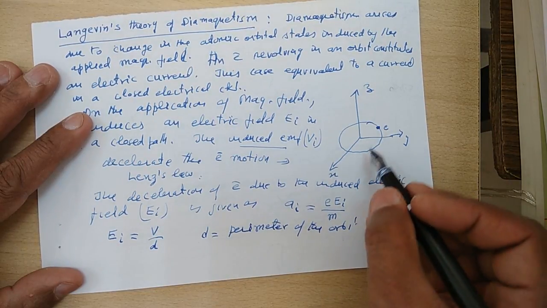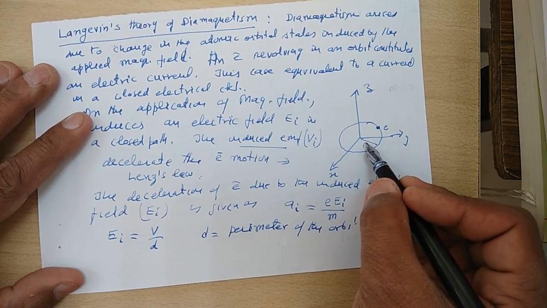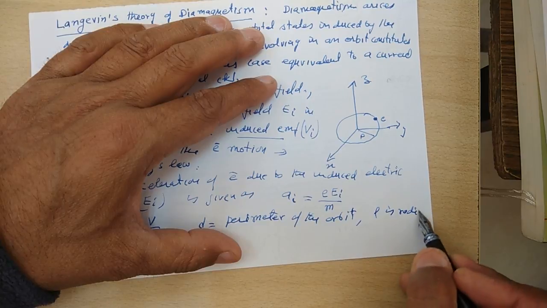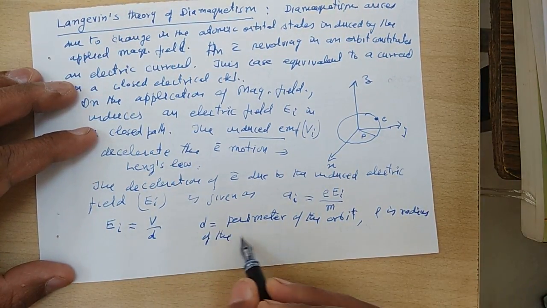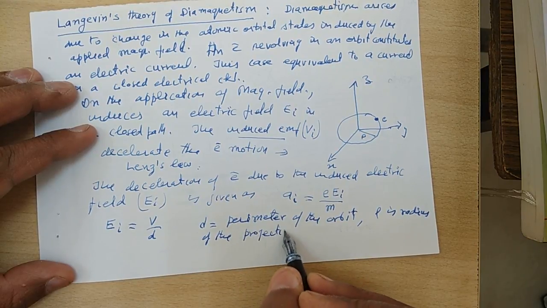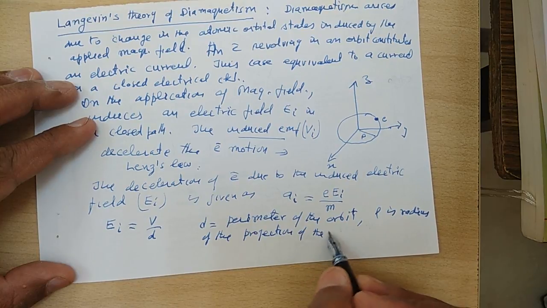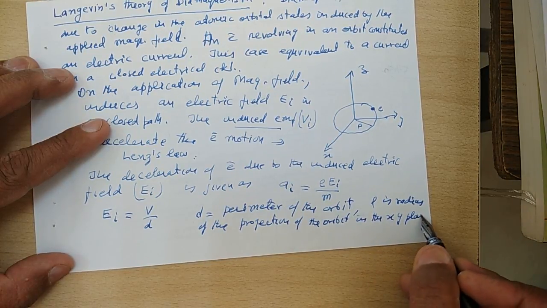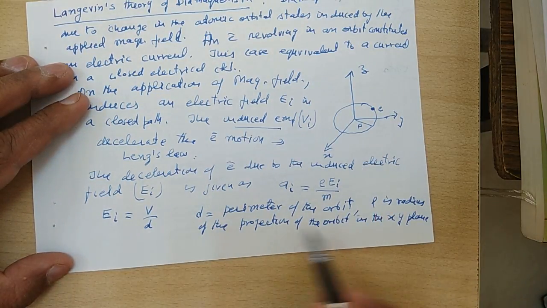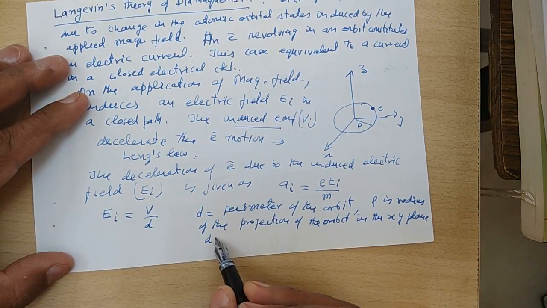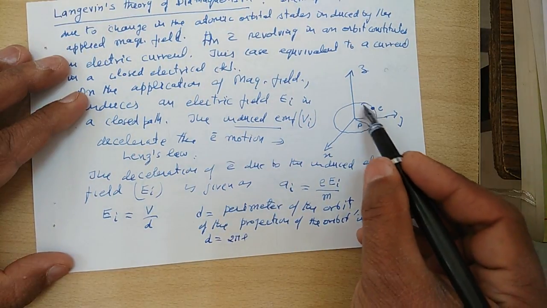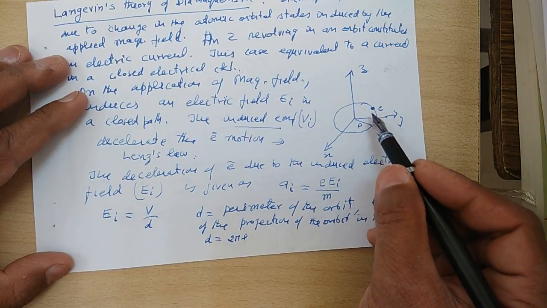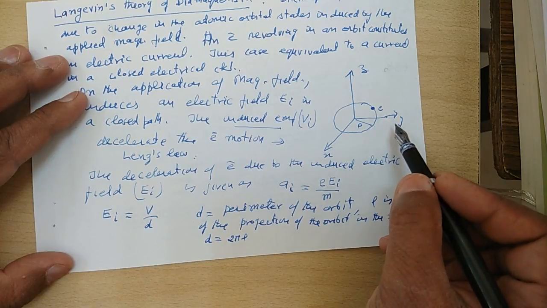If I consider that rho is the radius of the projection of the orbit in the xy plane, then this perimeter D will be equal to 2 pi rho, where rho is the projection of this orbit in the xy plane.